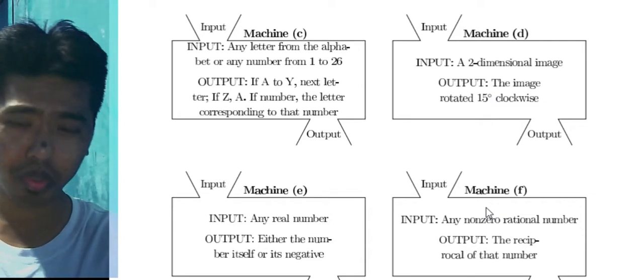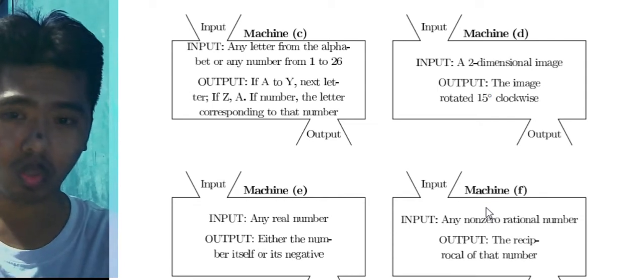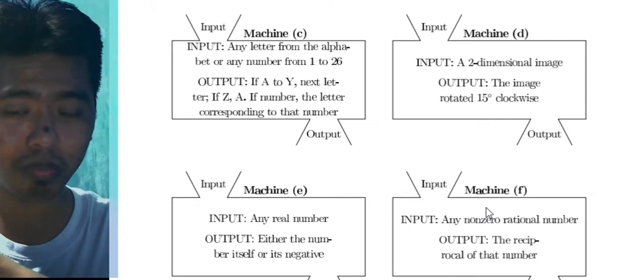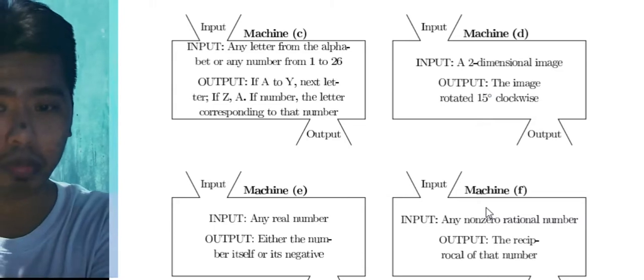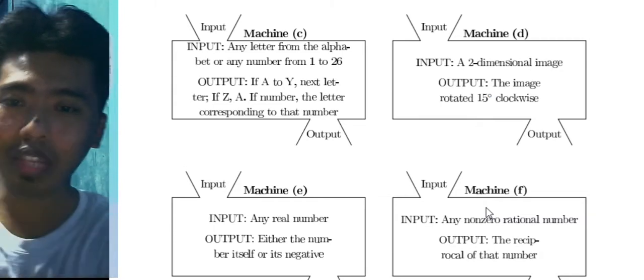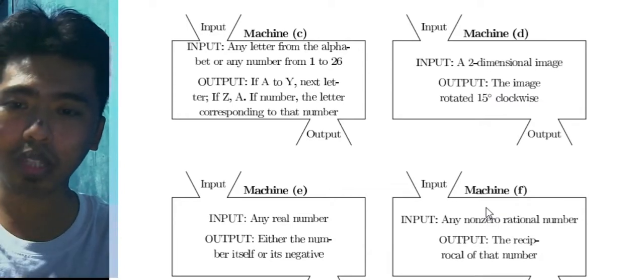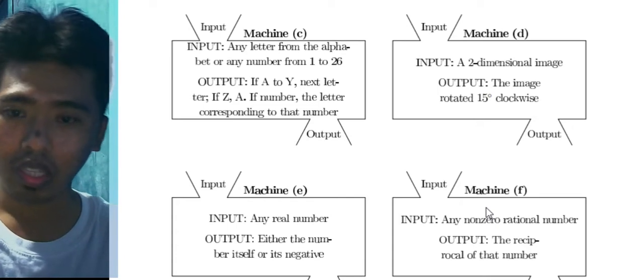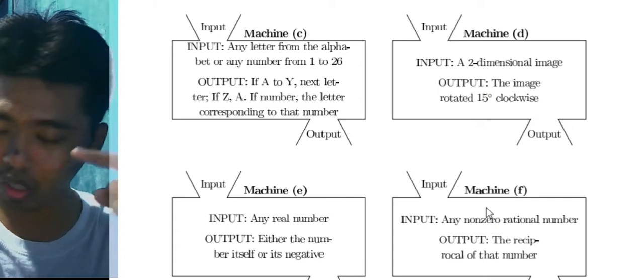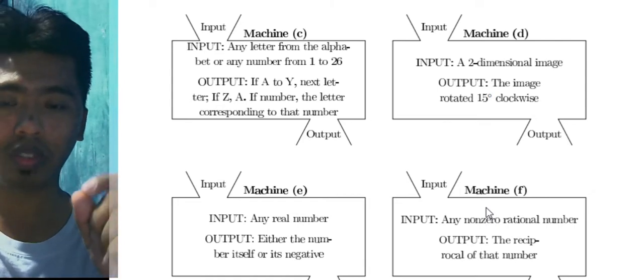Now, if I put a number, let's just say number 2. Number 2 as input is different from letter A as input. Again, numbers and letters are different, right? So if I put number 2, your output is letter B, because that is the letter corresponding to that number.